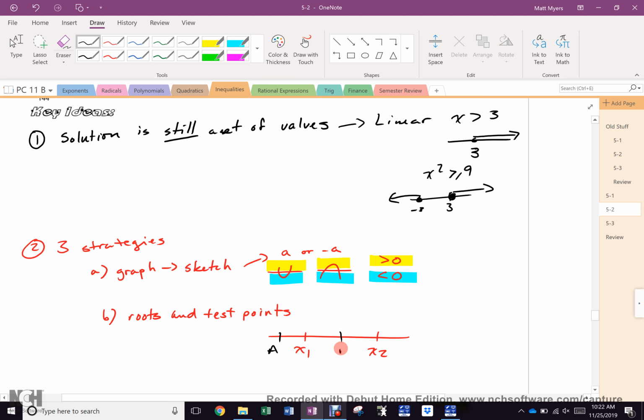A, B, C. What do we do? Sub A, B, and C back in.